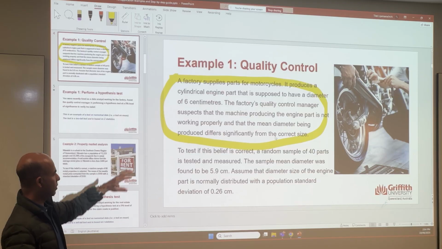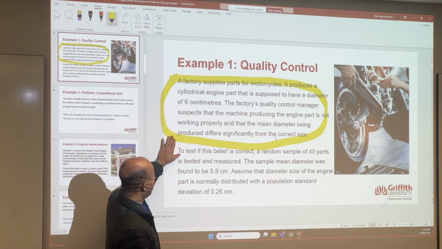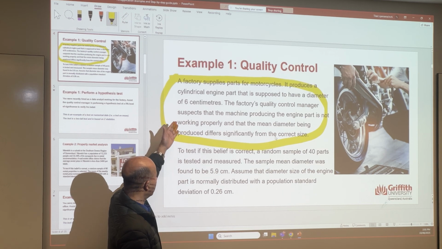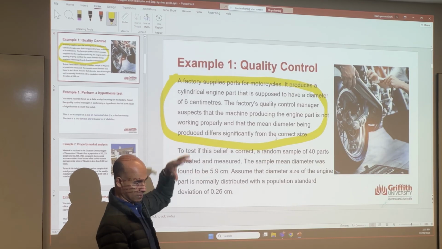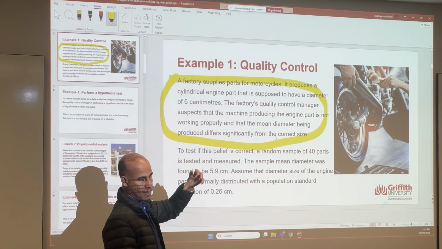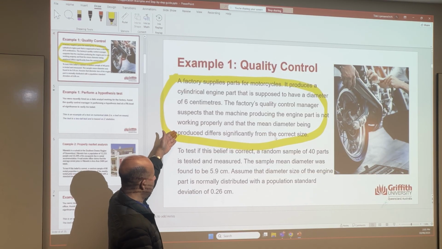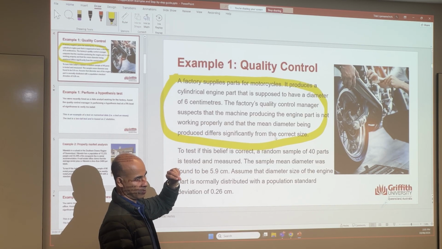So this sentence says the part of this product should be 6 centimeters. They say it should be 6, right? But the manager thinks it is not actually producing that 6 centimeter diameter product.